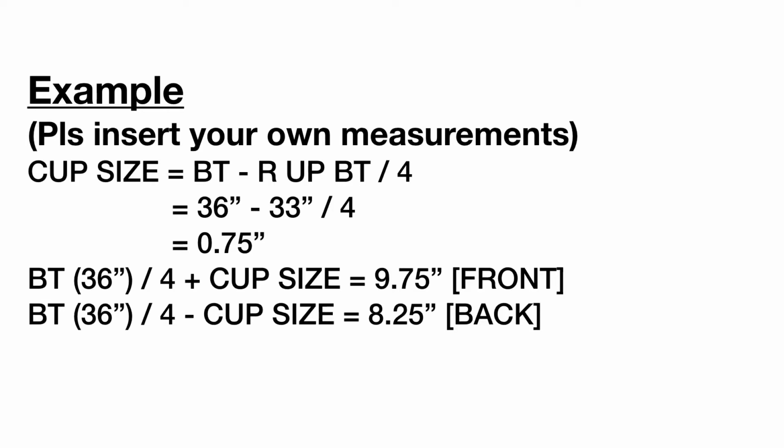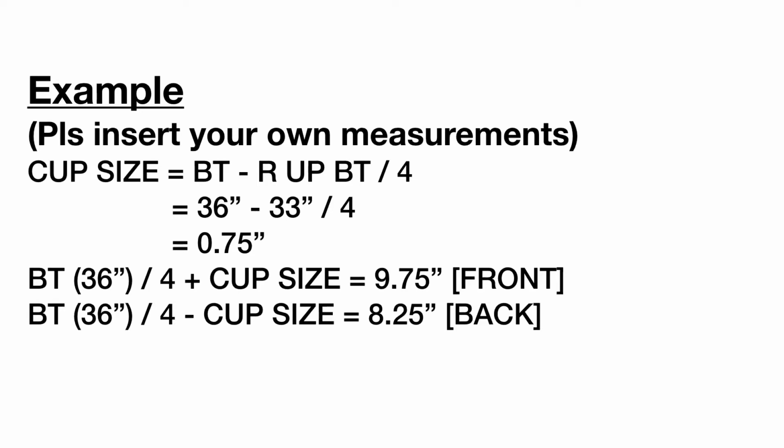To get the cup size, according to the calculation, we're going to be using bust minus round upper bust divided by 4. The bust of this person is 36 inches. The round upper bust is 33 inches. So 36 minus 33 divided by 4, and that is 0.75 inch. So the cup size of this person is 0.75.